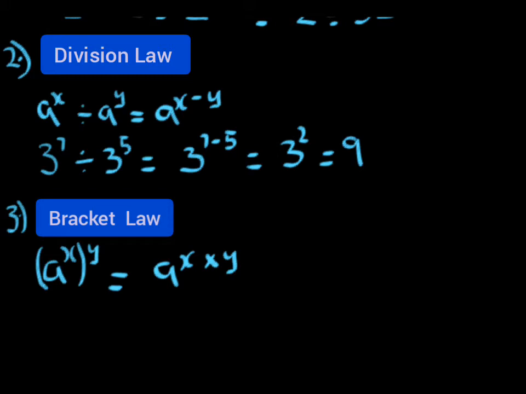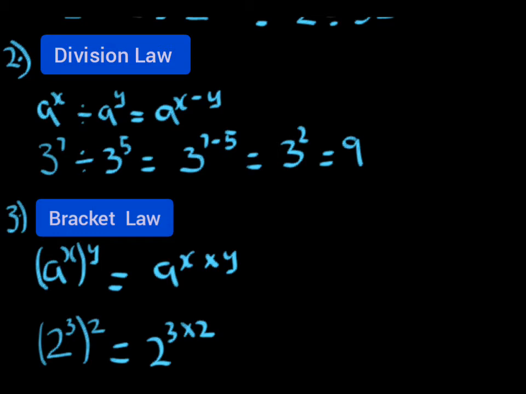For example, we can be given 2 raised to power 3, enclosed in the bracket, and raised to power 2. Now, what this becomes in the end would be 2 raised to power 3 times 2. Please, this should not be mistaken for the product law.